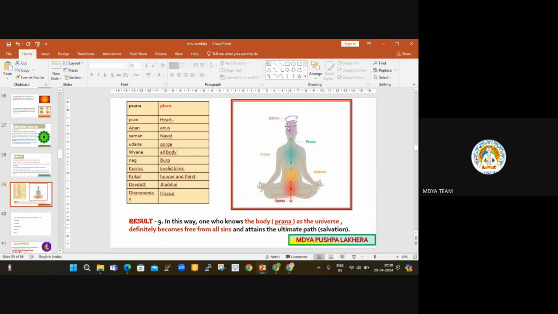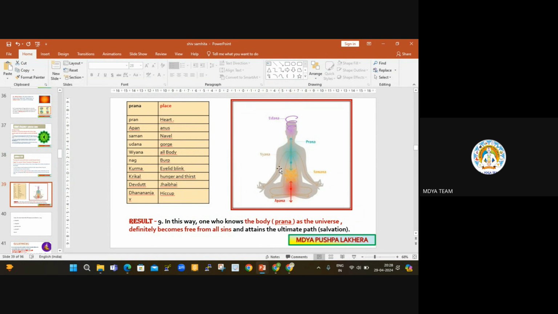As a short trick, just remember UPS. U is udana, present in the throat region. This picture is also not correct. According to this Shiva Samhita, you have to remember U, P, and S, then A: UPSA.